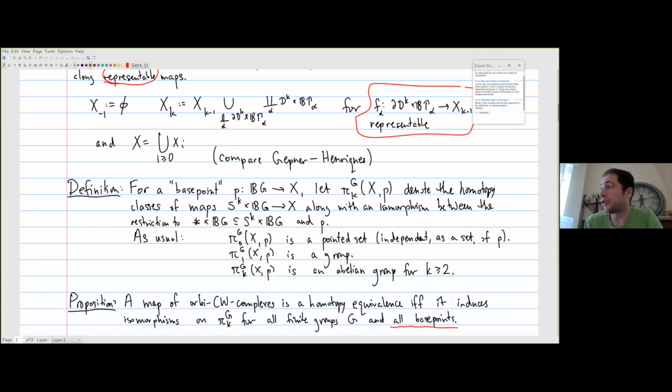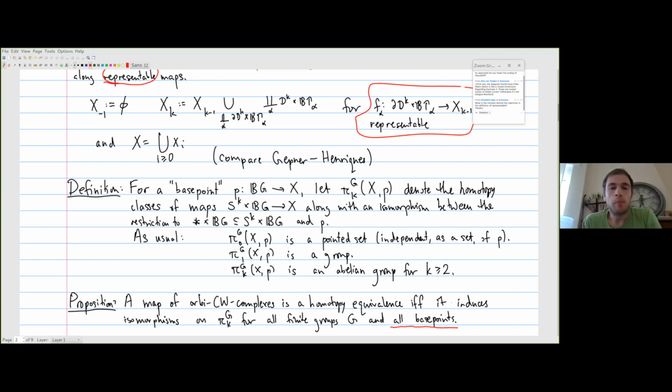So if you talk about connected pointed topological spaces or connected pointed CW complexes and pointed maps, then you can just use that single base point to define your homotopy groups, and you can say, well, if you induce isomorphisms on those homotopy groups with respect to that single base point, then you're an isomorphism. And this is obviously equivalent to the usual statement of Whitehead just by working component by component.